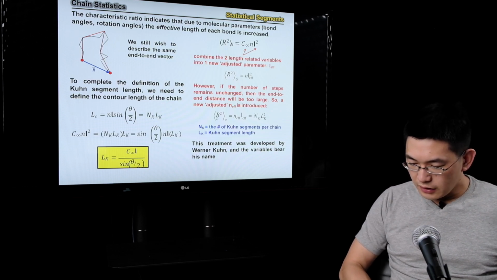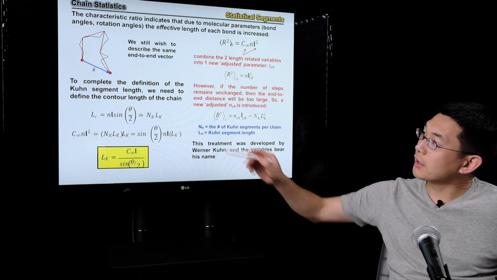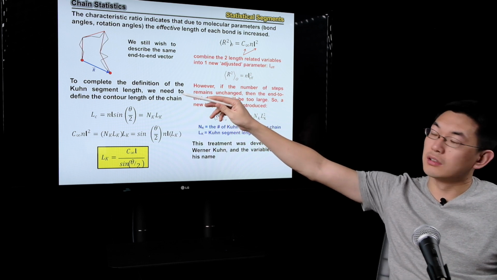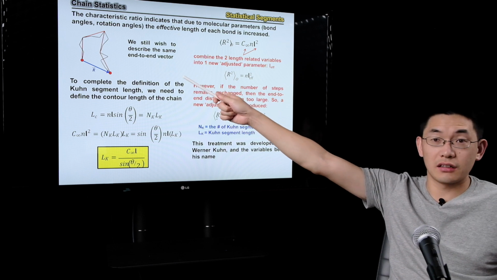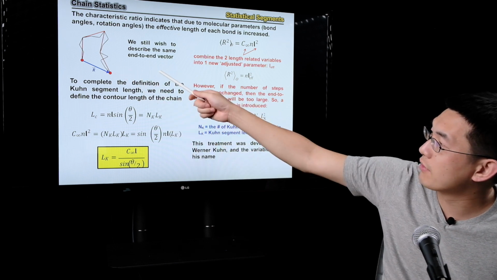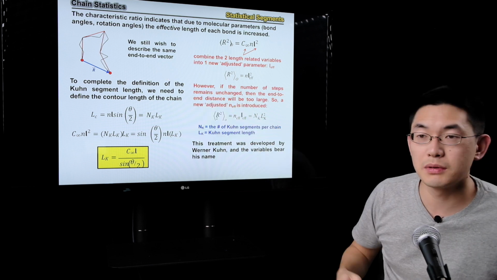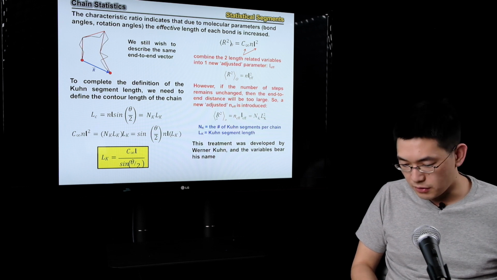Additionally, as I mentioned, this statistical segment is basically equivalent to a free joint chain model that gives you the same end-to-end distance, as shown in the illustration here. We can envision that the black line would be a free rotation chain model, while the red line would be a free joint chain model.